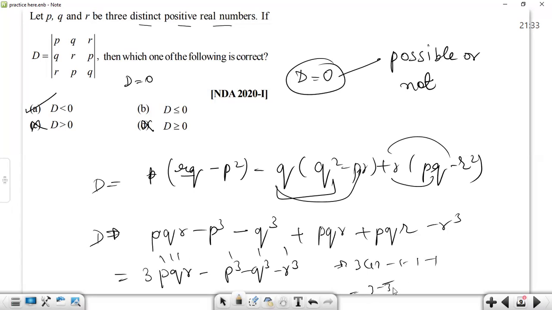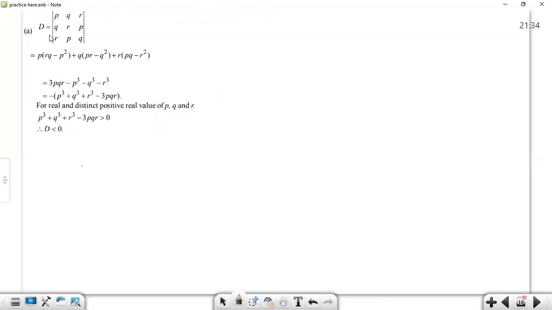So 3 minus 3 becomes 0. But the given condition says that they have to be distinct. So D cannot become 0, because it becomes 0 only when we consider the same, equal, identical positive numbers. So the condition of equality should not exist here. A should be the correct answer, and it is given so.